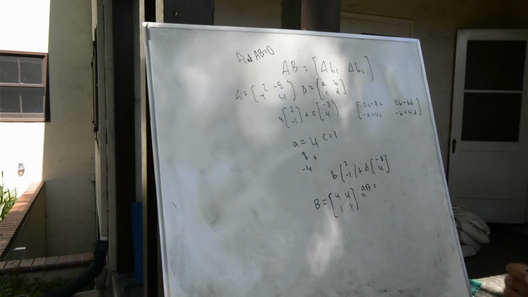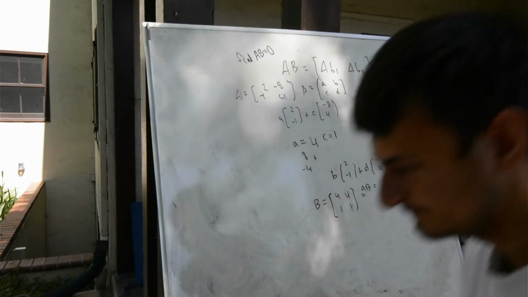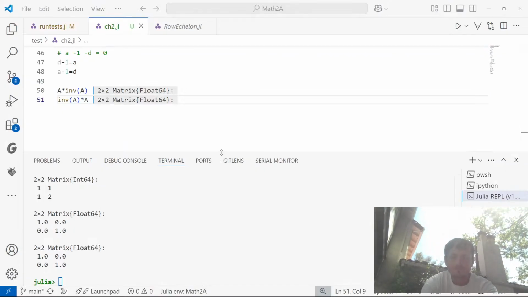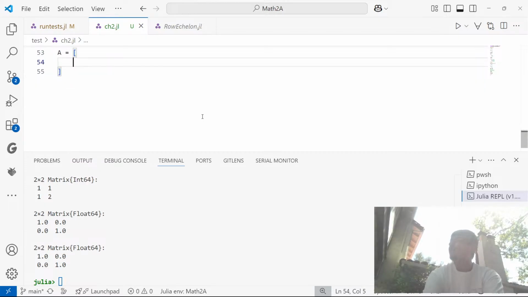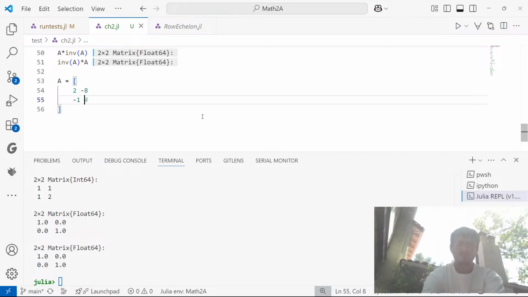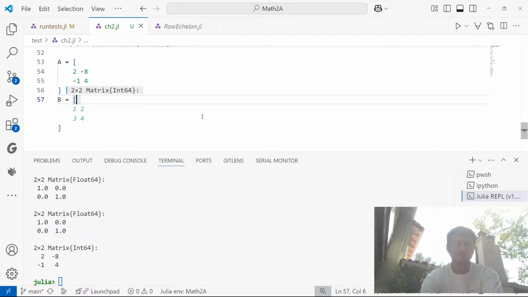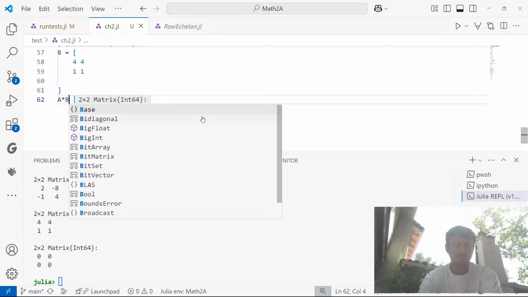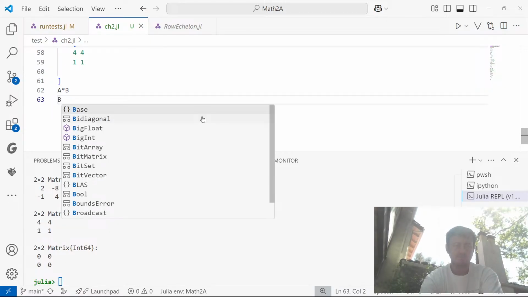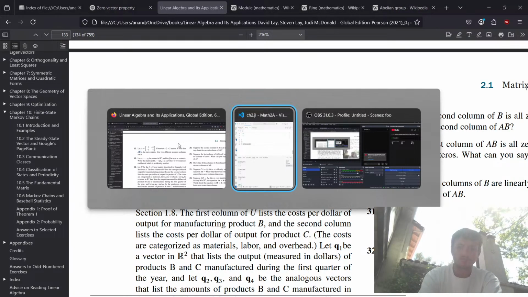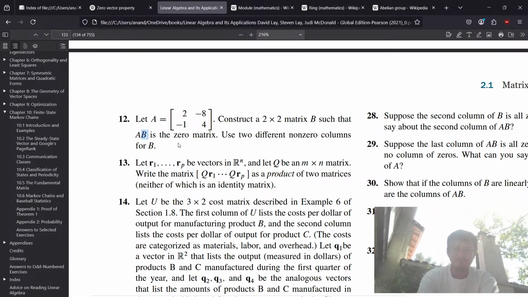Let's check it on a calculator. Okay, so A is equal to 2 minus 8 minus 1, 4. B is equal to 4 4 1 1. A times B. B times A. Or no, yeah, of course. Okay, great. So we did it.